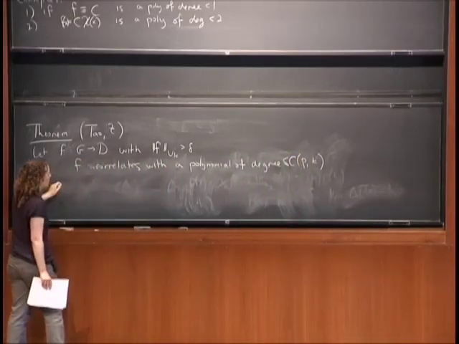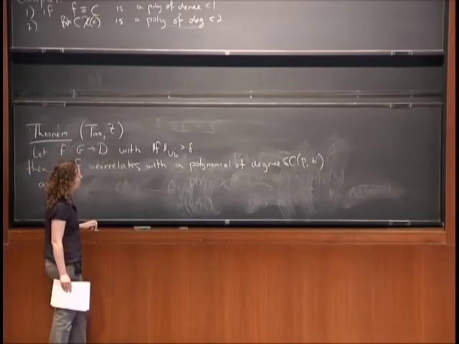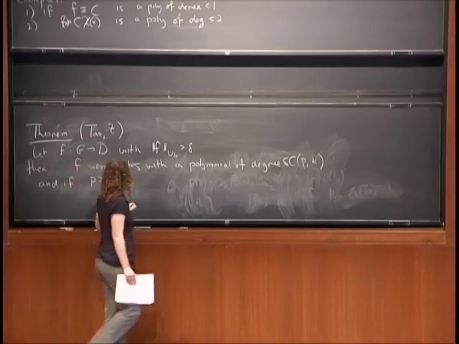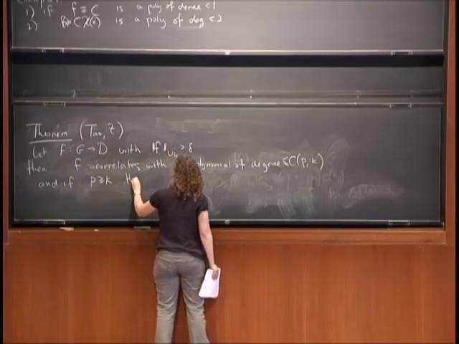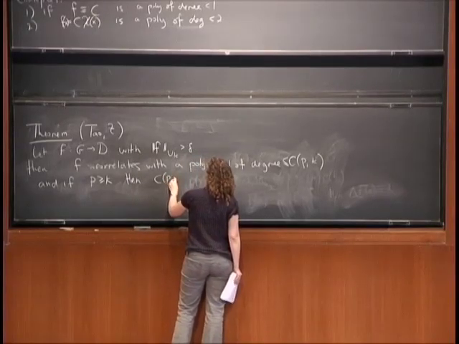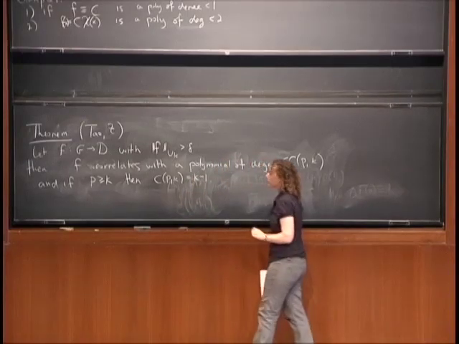Okay, and well, if the characteristic is high enough, so if p is greater or equal than k, then we can get the correct degree, which I guess is k minus 1.